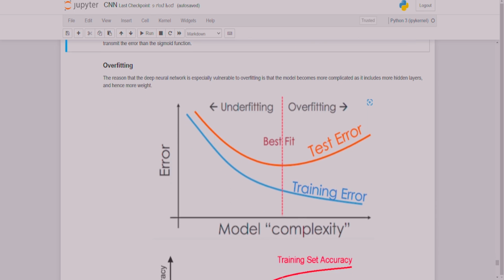You see this kind of graph whenever I perform a performance analysis. What do you expect? Normally this is the ideal case. Complexity, in the sense, you can say the number of hidden layers.